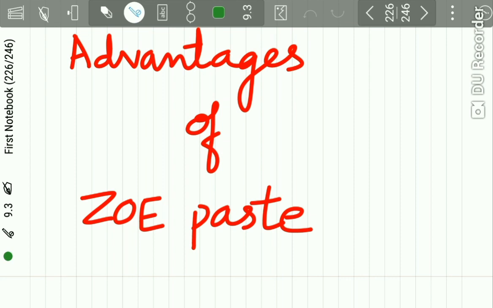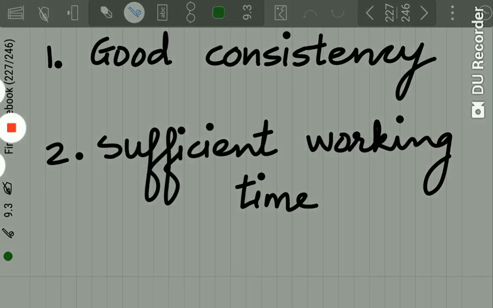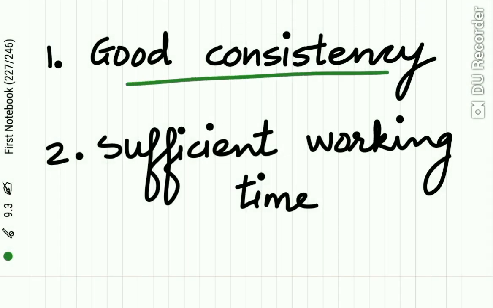Now, what are the advantages of using the ZOE paste? This impression paste has a very good consistency to work with, so it becomes easy to obtain the impression. It also provides sufficient working time for the dentist to manipulate the material and insert it into the patient's mouth.